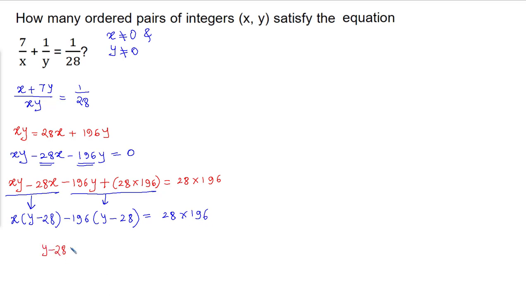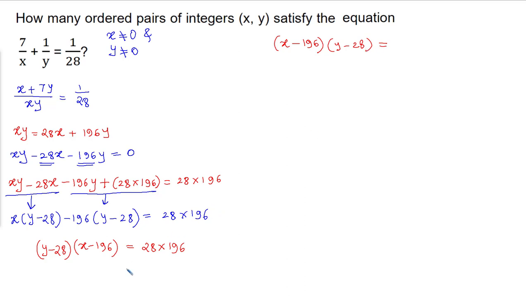What is remaining in the bracket? x minus 196. So y minus 28 into x minus 196 is equal to 28 into 196. Our factorization is x minus 196 into y minus 28 is equal to 28 into 196.